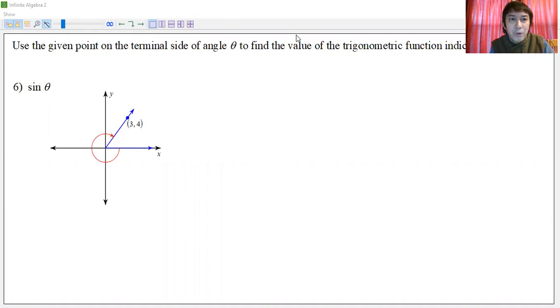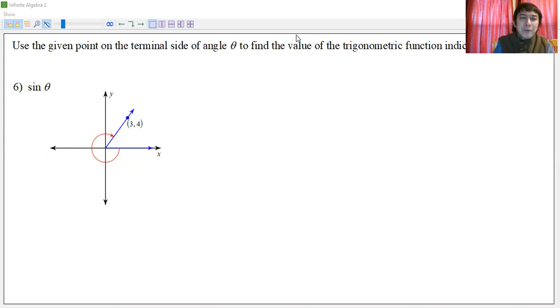For a standard position angle, the initial side coincides with the right side of the x-axis, pointing east, and the terminal side may rotate clockwise or counterclockwise. The terminal side has the point 3, 4.